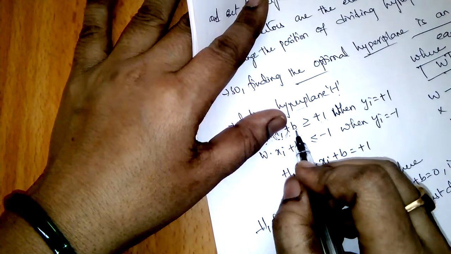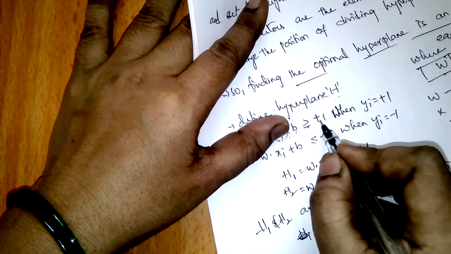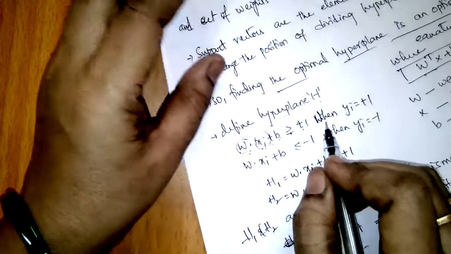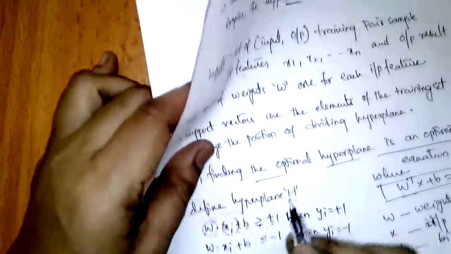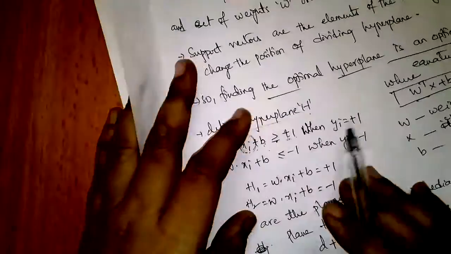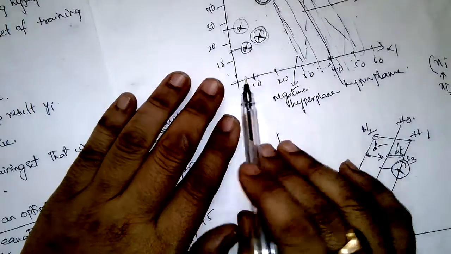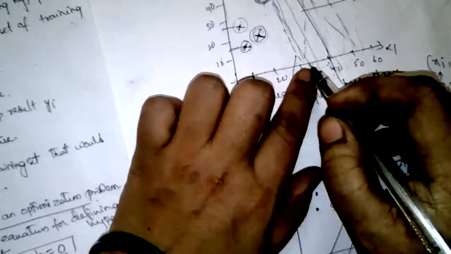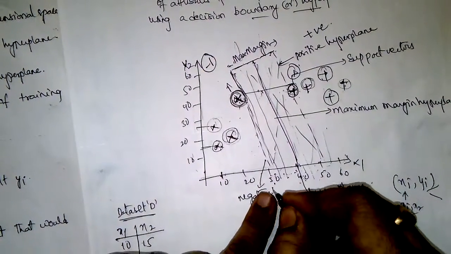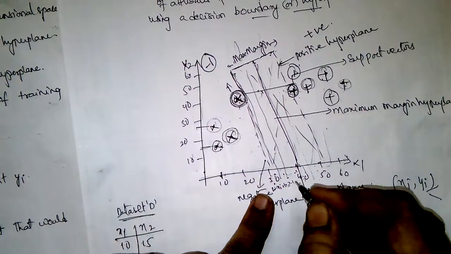Plus b means bias, we will see that next. If this value is greater than or equal to 1, a positive value, then all of these lie in the positive category. If it is less than or equal to -1, then it falls into the negative category. So this is called the negative hyperplane, with the formula w dot xi plus b less than or equal to -1.